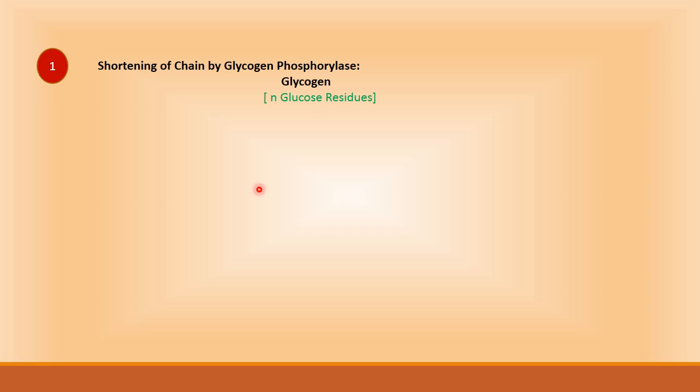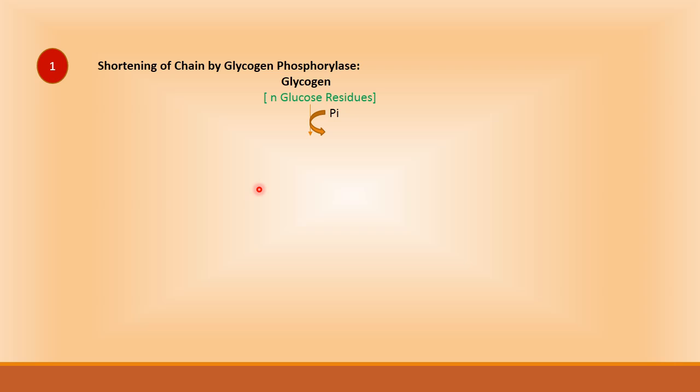Now, glycogen is a polysaccharide involving glucose residues. It has both linear chain and branching chain. In linear chain, the glucose residues are linked by alpha 1,4 glycosidic linkage, and in the branching point it is linked by alpha 1,6 glycosidic linkage.